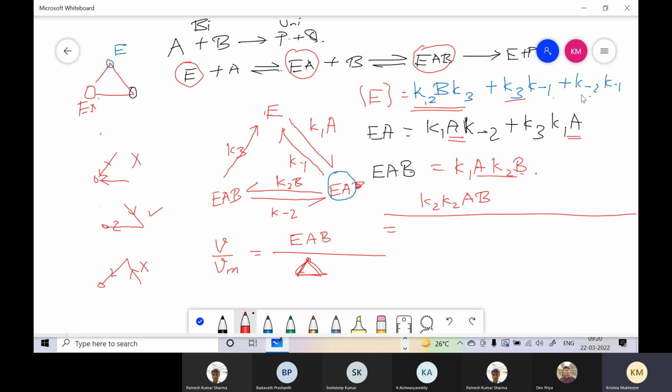And so I really don't need to bother about it. I can put all the constants together as some K and all the terms containing A as capital K into A, and I can put all the terms containing K2 as B terms. There's only one B here, so it's not really important. And then some.